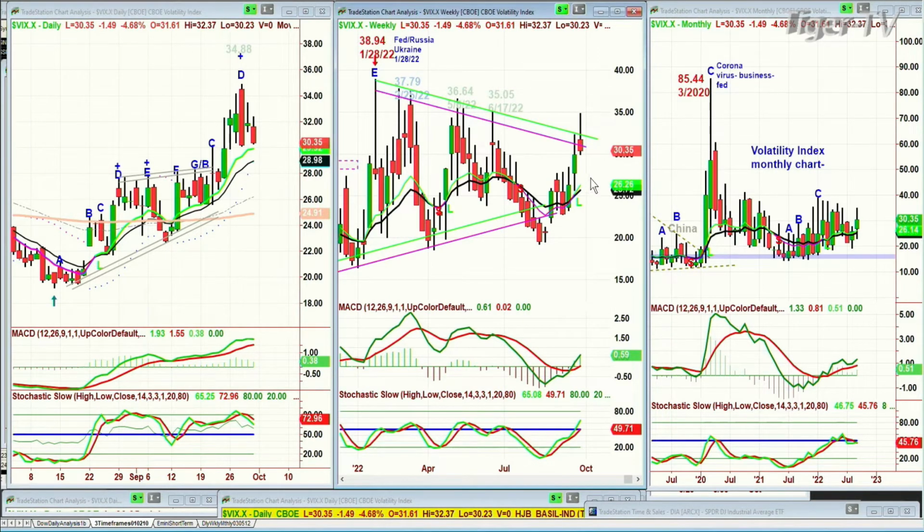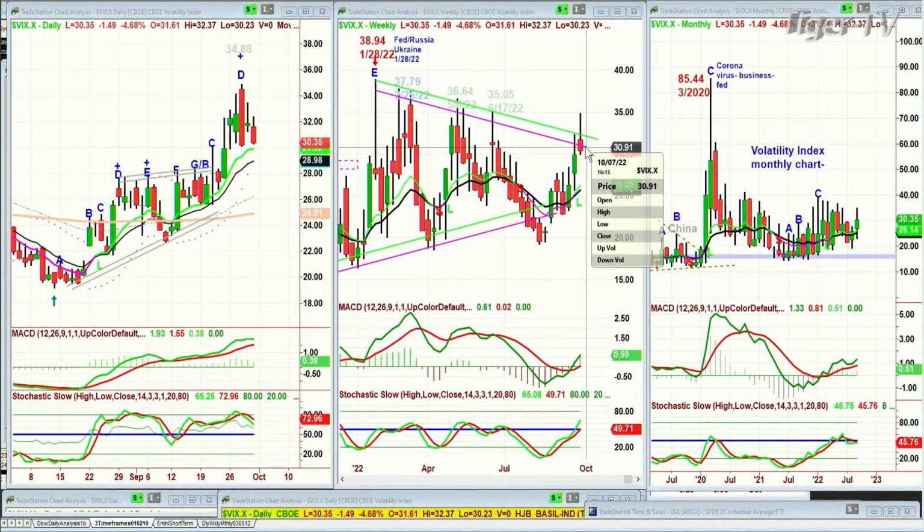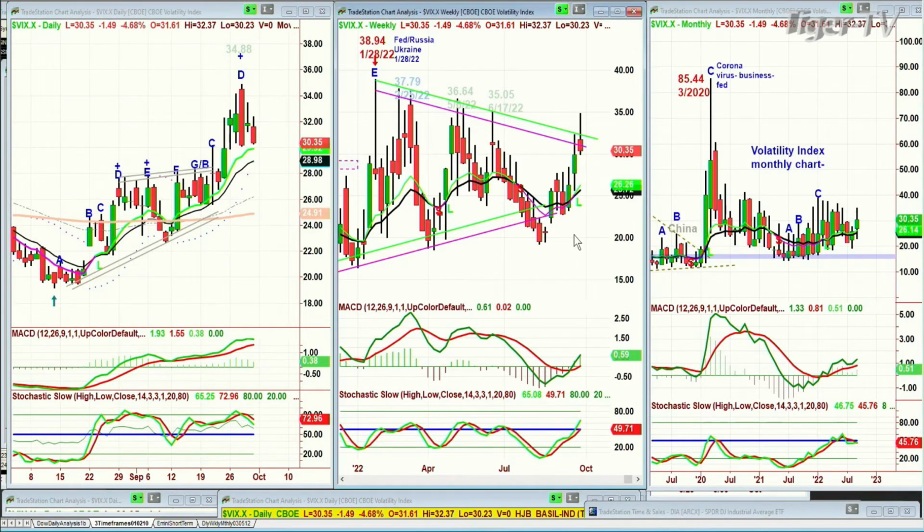But if there is a sharp decline and it doesn't close above 30.91, instead it closes at the low of the day today, that to me is a really good sign to suggest that the selling pressure via the buying of the insurance of the VIX index, that's the volatility index, is starting to wane, and now we're getting some kind of a digestive phase in the volatility index, which allows a little bit of freedom for the market to rally.